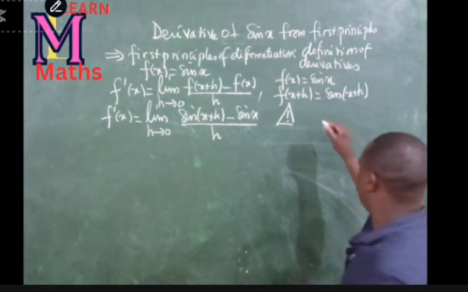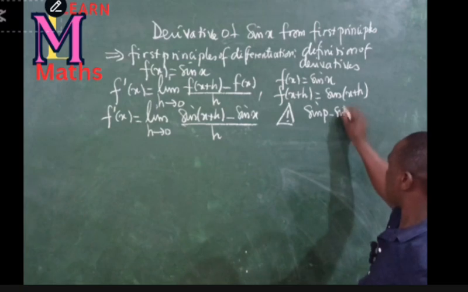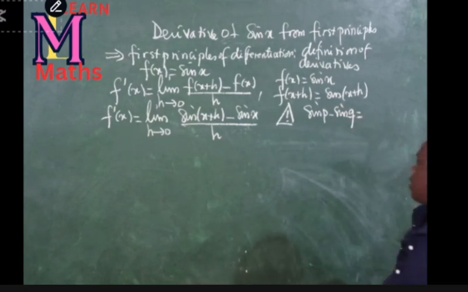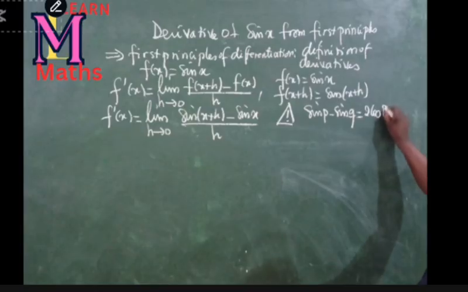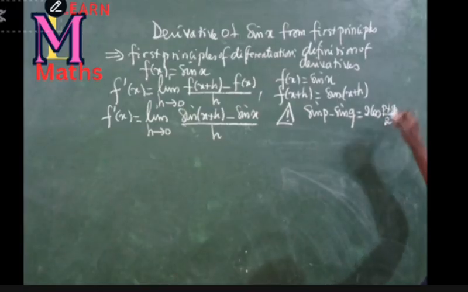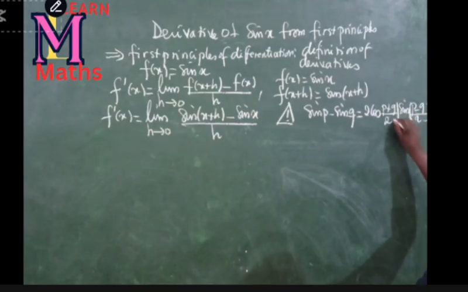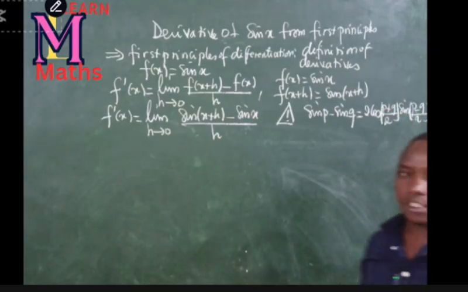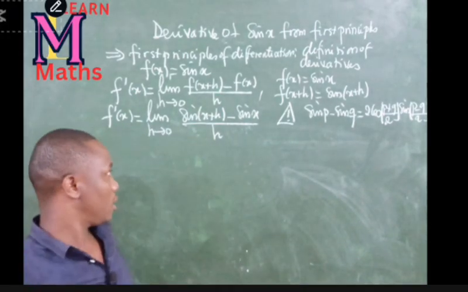We know that sine p minus sine q is equal to 2 cosine of p plus q over 2 times the sine of p minus q over 2. Here is the identity we are going to follow.